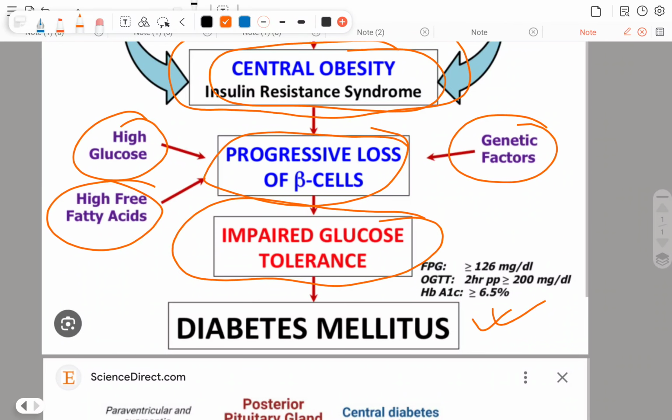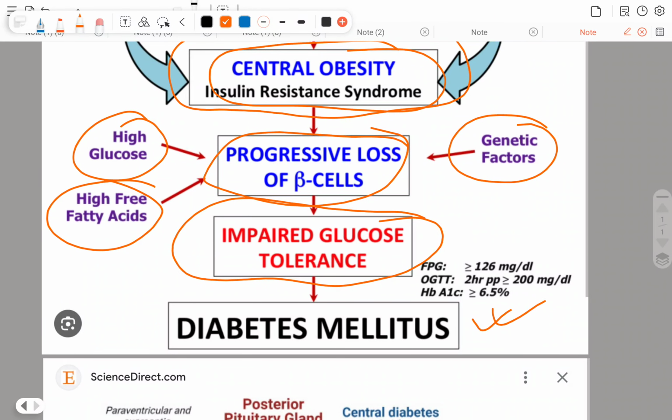When the patient suffers from chronic stress, it means that high levels of catecholamines, cortisol and glucagon are maintained during this chronic stress, and all of these hormones that I mentioned above cause hyperglycemia.